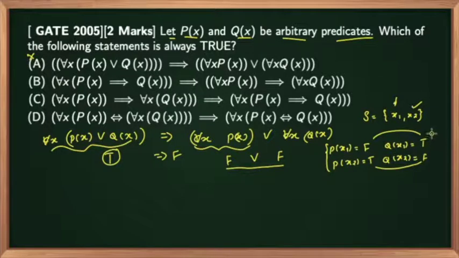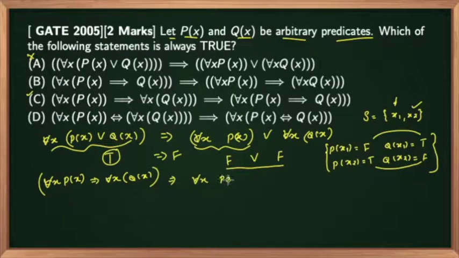See, you have to select this assignment or you have to find this assignment. Okay, that is the important thing. Okay. Now let's see the choice C. We have for all x p of x implies for all x p of x implies q of x, right?